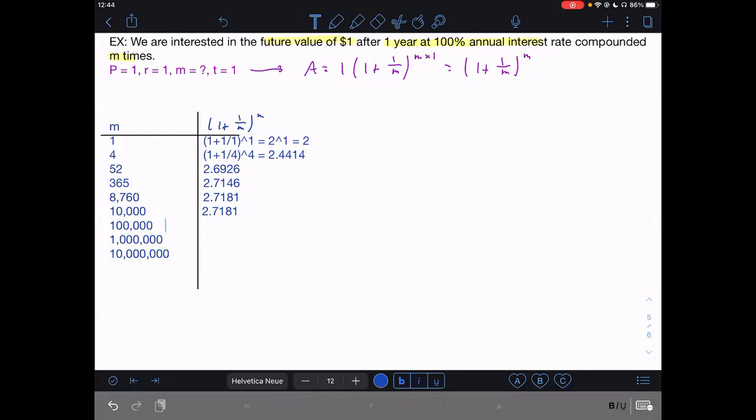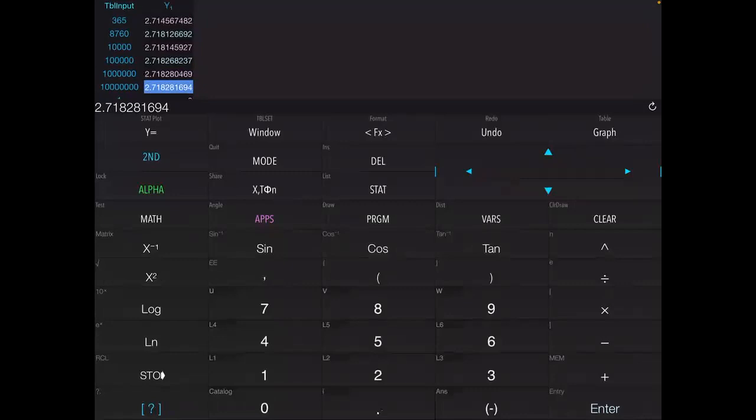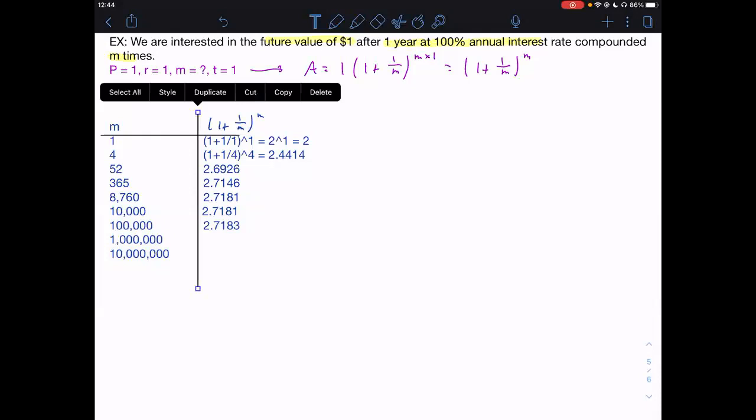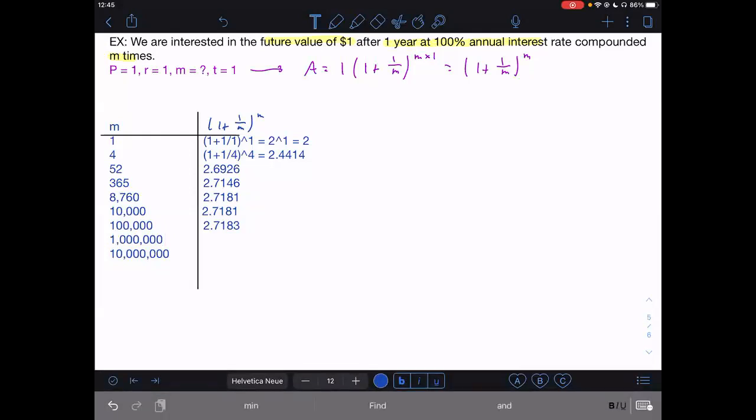And then 100,000, you have about roughly 2.7183. And it's pretty much the same for 1 million and 10 million.